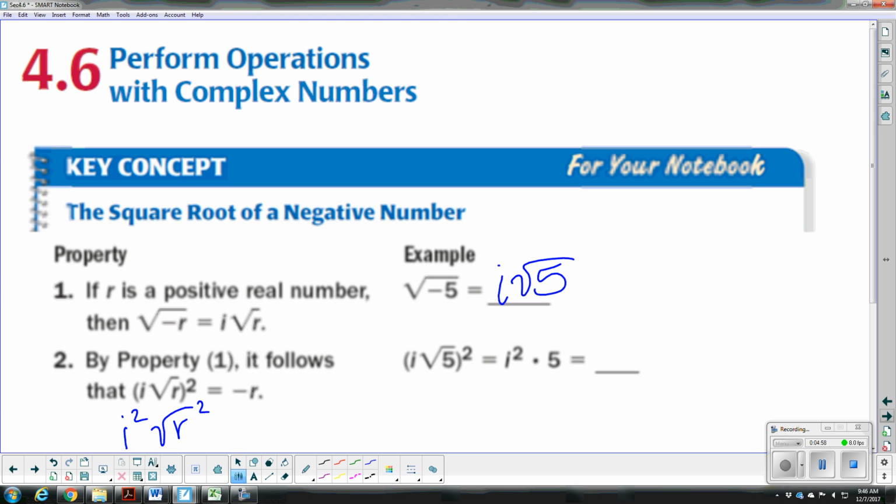So it's -1 times r, so that's -r. For example, i times the square root of 5, squared, is i squared times the square root of 5 squared, which is 5. So this equals -5.